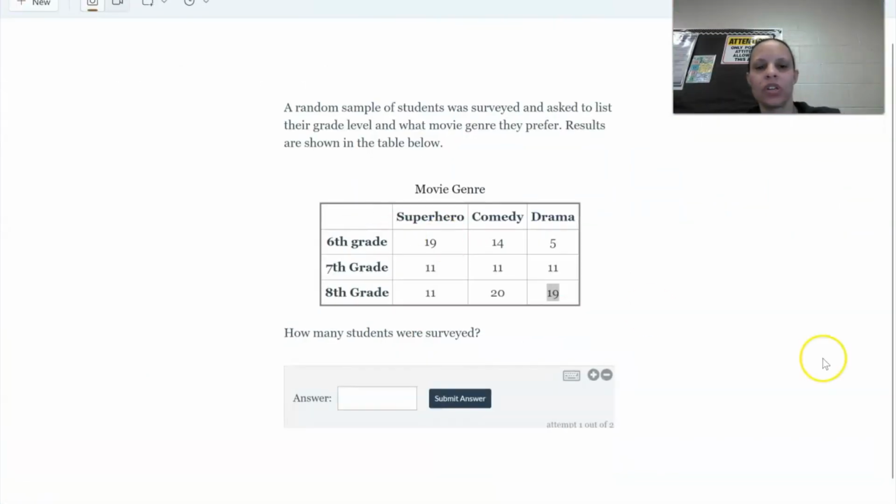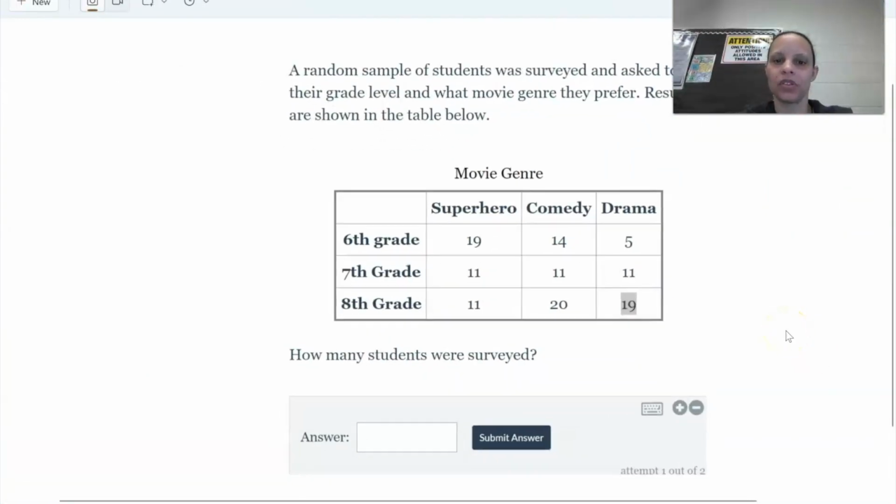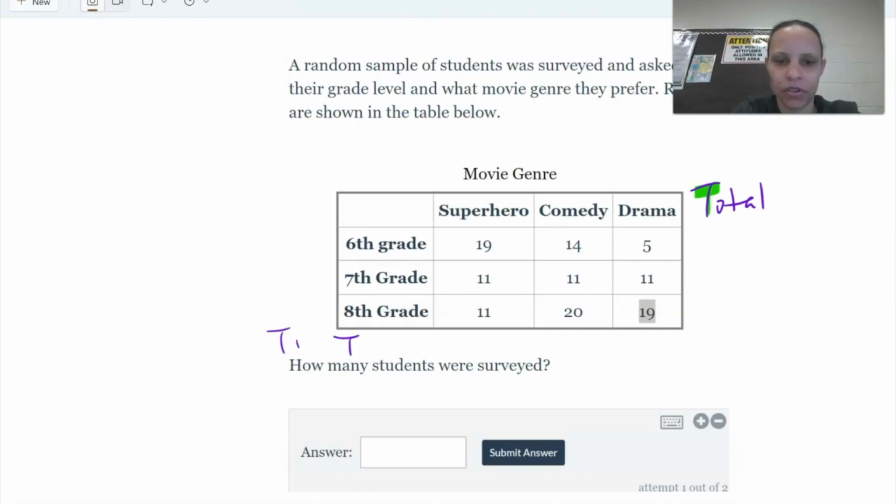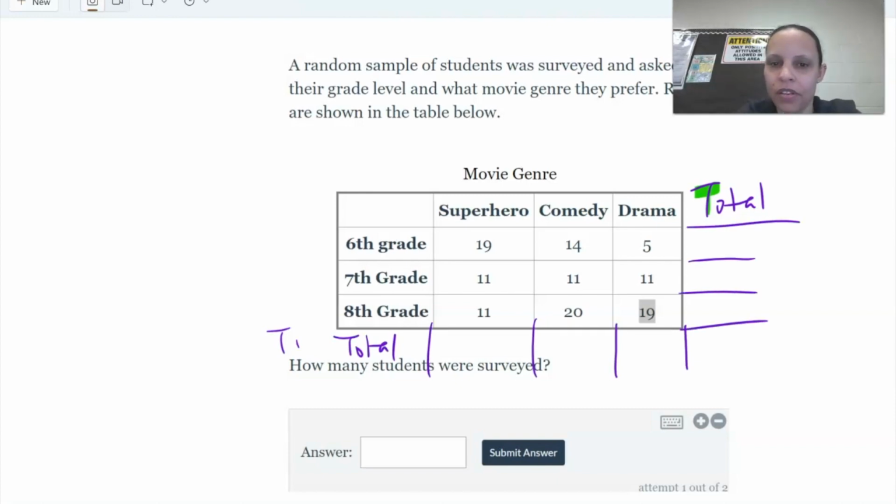All right, so in some questions, they're going to give you the total, but sometimes they don't. So I can make a total column here and a total column here. All right, so how many students total in 6th grade? So 19 plus 14 plus 5.